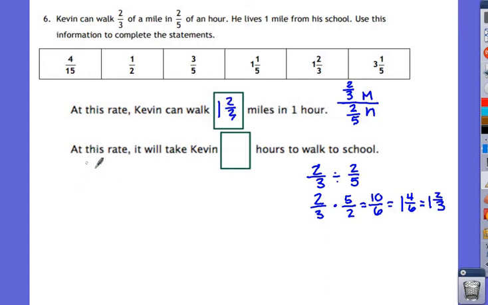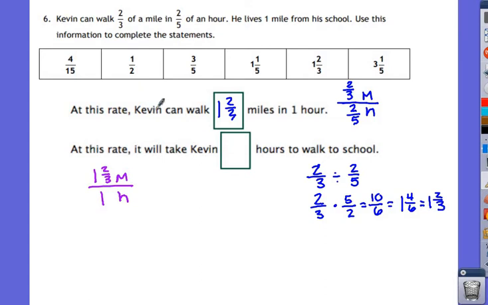So I'm going to use that in my miles per hour. So I know he walks this far, 1 2/3 mile in 1 hour. Okay, so I need to divide this to see how long it will take him.